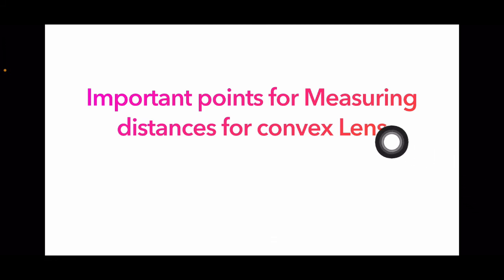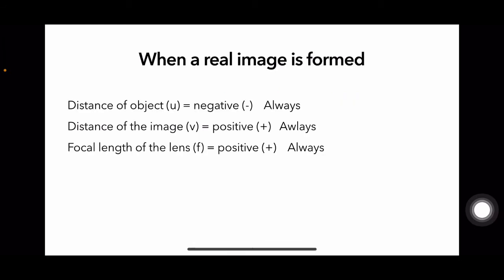The next topic is important points for measuring distances for convex lens. In the case of convex lens, there are two images that can be formed, a real image and a virtual image. Now we look at what happens when a real image is formed.